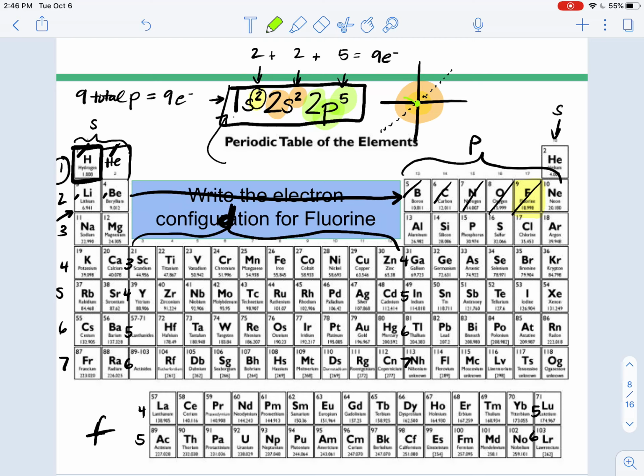Here's one of the p orbitals, here's another one of the p orbitals. Notice how I'm drawing them the same distance away as 2s. Again, principal quantum number means distance away from the nucleus. And then I'll have that 3D one on the z-axis. And I have 5 electrons in those orbitals.